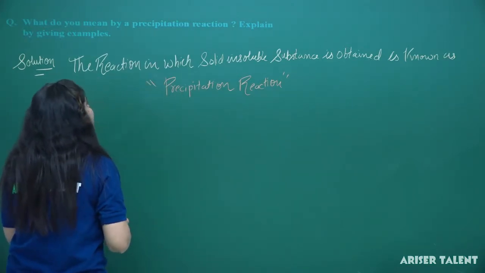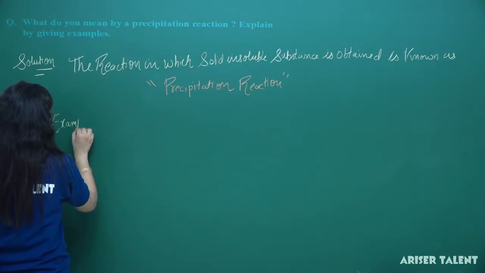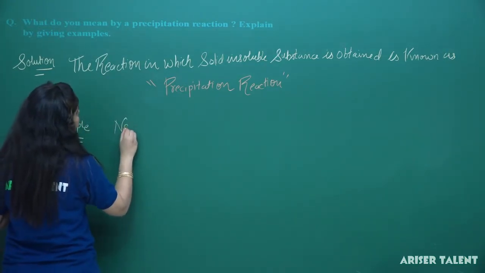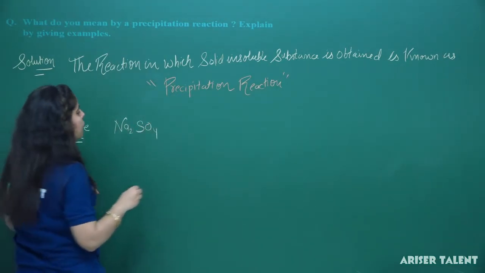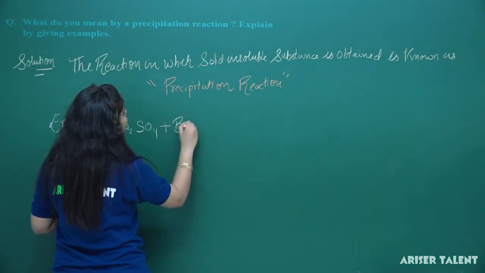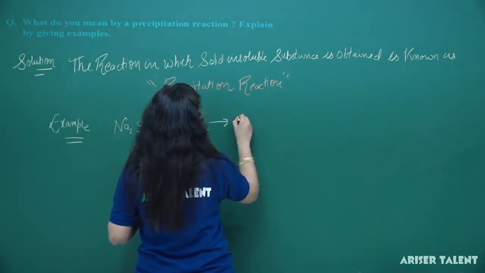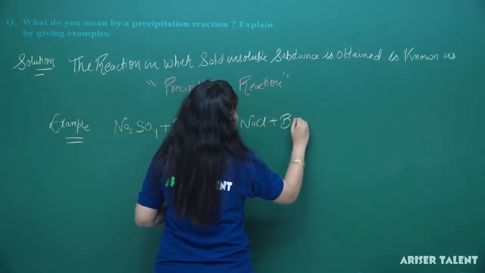Now we have an example for the precipitation reaction. Suppose we are provided with Na2SO4 and we are reacting it with barium chloride. What will we get on the product side? We will get 2 NaCl and BaSO4.